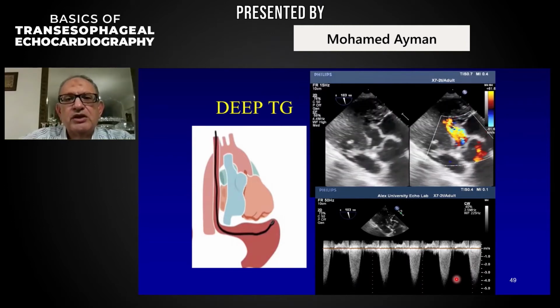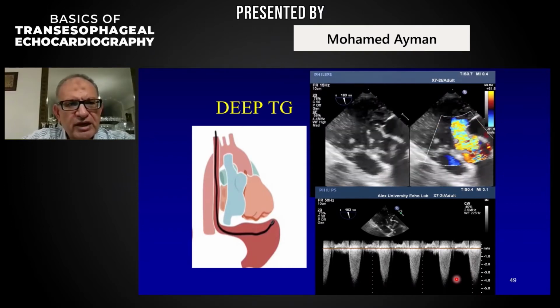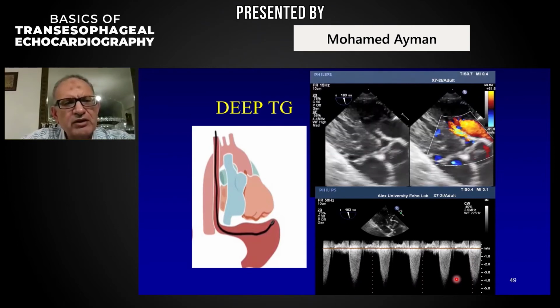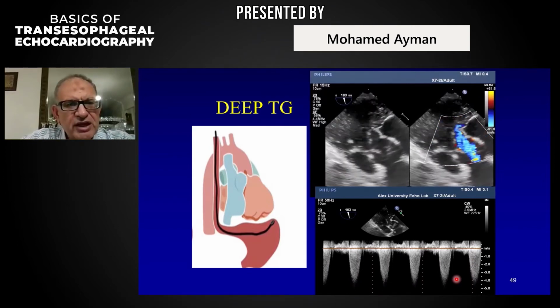Sometimes we resort to this deep transgastric view in patients with left ventricular outflow tract obstruction if we don't have optimal velocities and gradients by the conventional transthoracic echo.